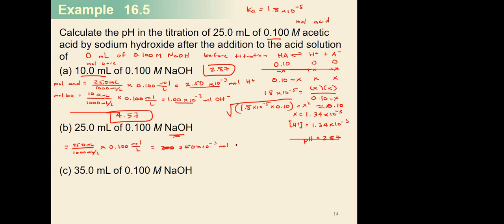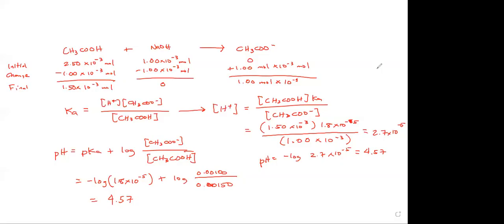So what can you say about the number of moles of the hydroxide and the H plus? They are now the same, right? So what will happen now to the reactions that we have? We still do the same thing as what we did earlier.